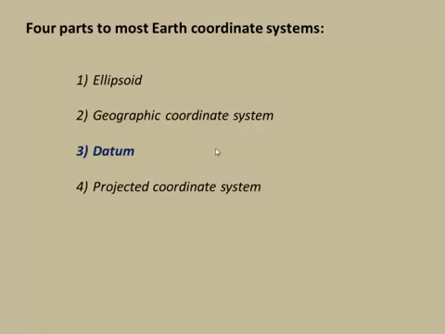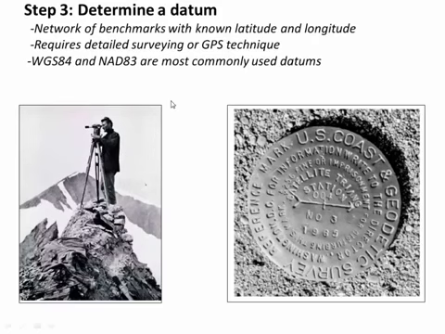So the way this is done is using datums, and datums are networks of benchmarks that have a known latitude and longitude. So in the early days of surveying, hundreds of thousands of man-hours were spent surveying the actual distance between points and actually pounding in benchmarks into rock such that the actual latitude and longitude of that point would be known.